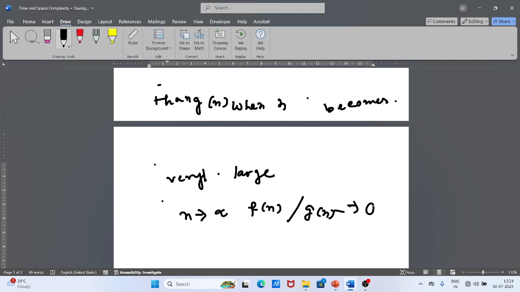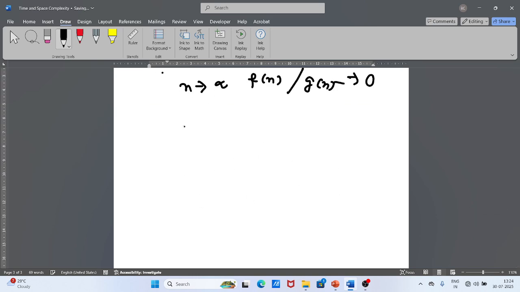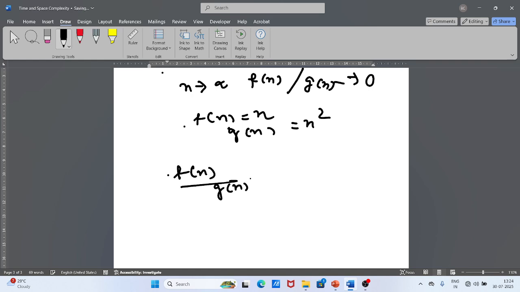Yes, for example, now let's take one example. f(n) is equal to n, and g(n) is equal to n square. Now divide them: f(n) divided by g(n) is n by n square, which is 1 by n.